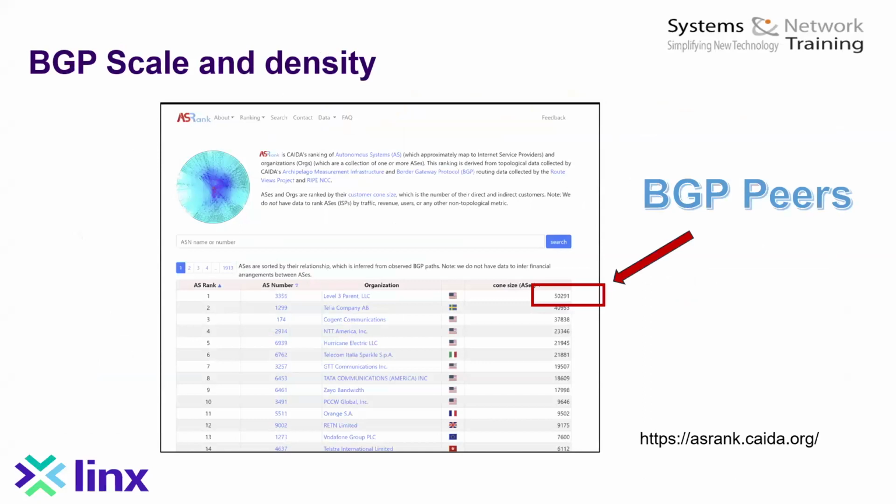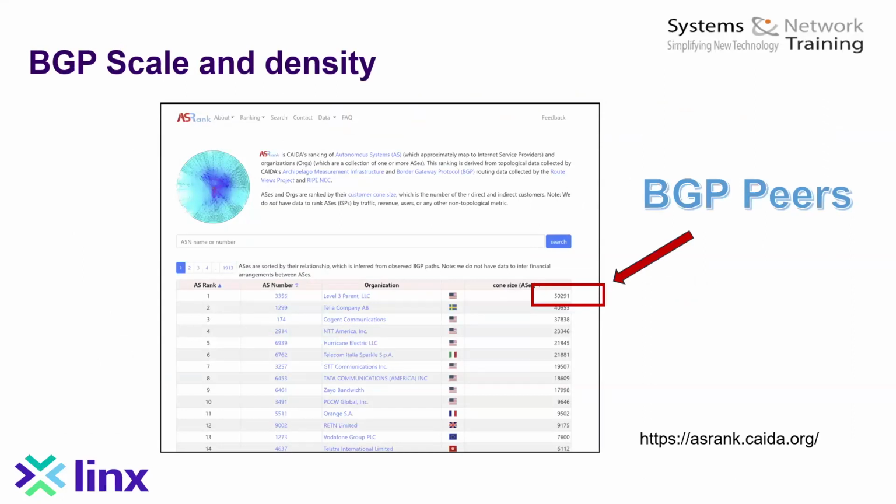And then finally, just to wrap up this half, if that's the number of routes being sent through BGP peerings across the internet in total, what sort of density or scale is involved in service providers when they peer with other organizations?